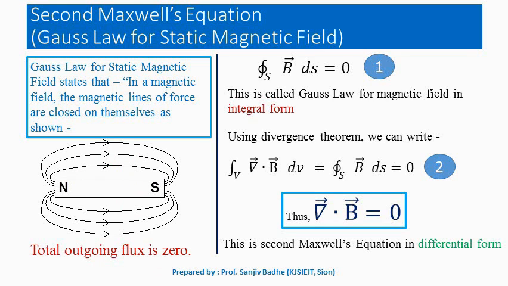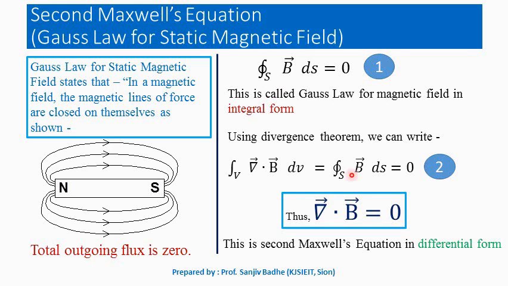So this law in integral form we can write as surface integral of B bar ds equal to 0. So the magnetic flux which is going out is equal to 0. This is called Gauss law for magnetic field in integral form. Using divergence theorem, we can write this surface integral as a volume integral of divergence of B bar.